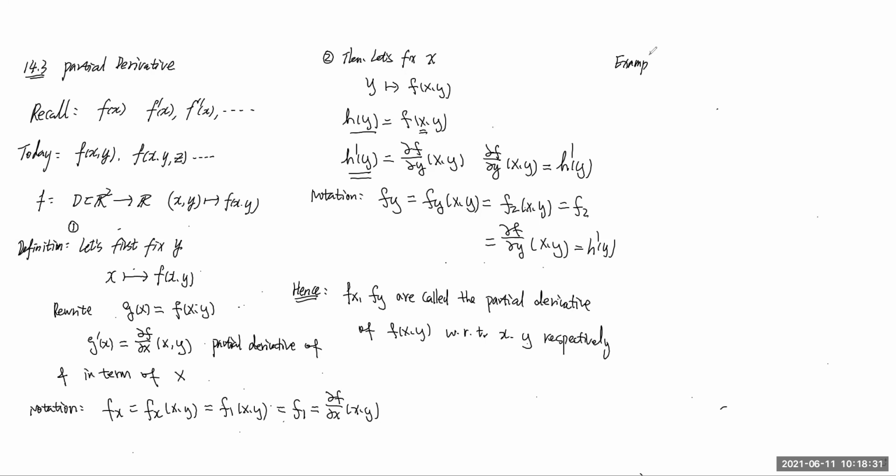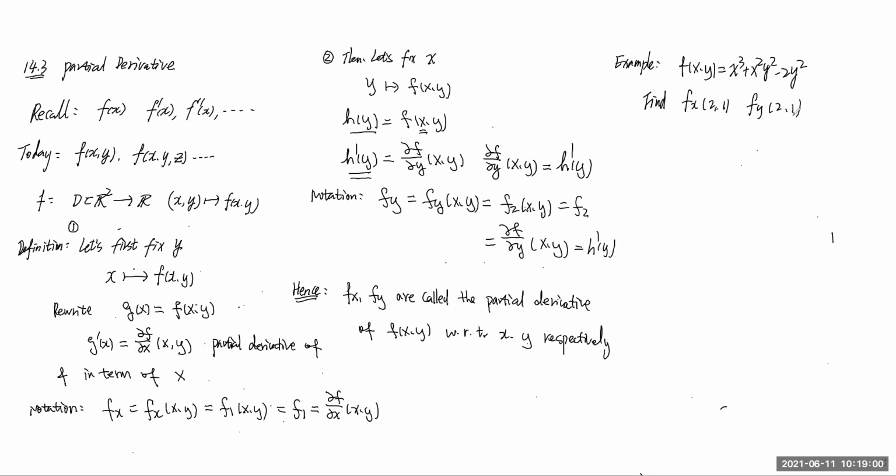Okay, so now we have a function f(x,y) = x^3 + x^2y^2 - 2y^2. The problem is to find f_x(2,1) and f_y(2,1).